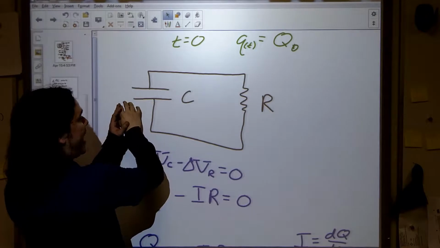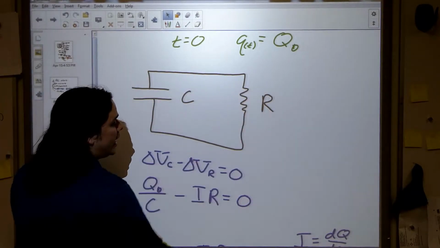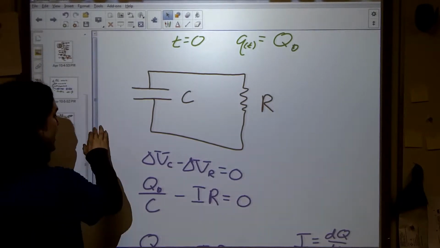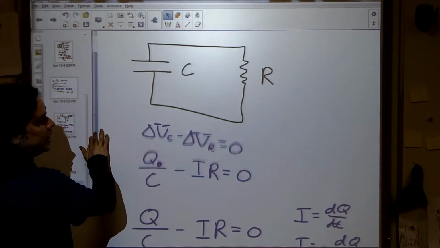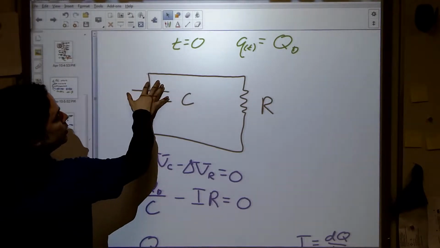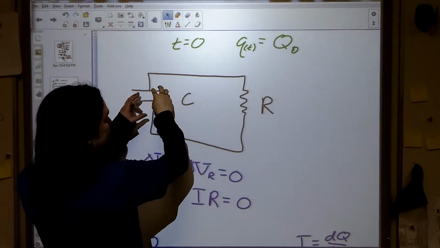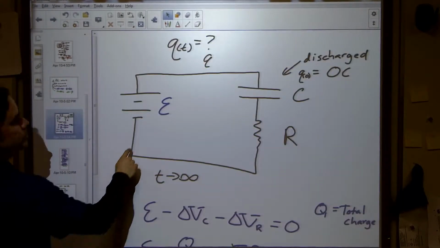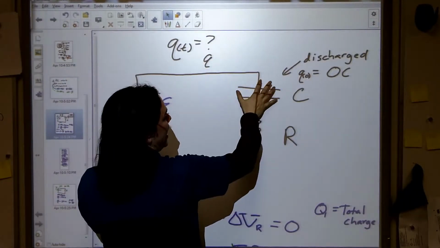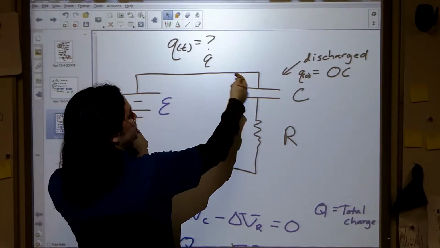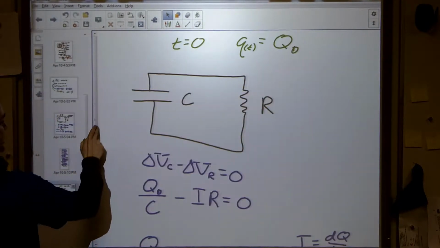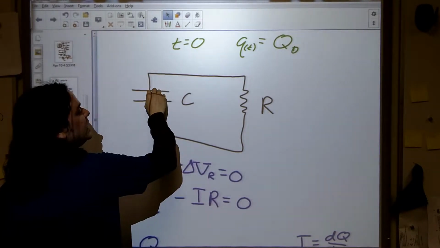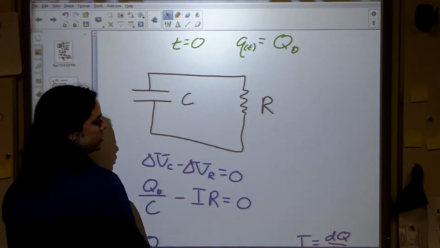Last time we had it where the battery was charging the capacitor, and we solved with that. We had an extra term in there. In this case, why we have a negative compared to what we did last time is because last time, as the charge built up on the capacitor, in fact, let me bring up the picture. Oops, that's not the picture. As the charge built up on the capacitor, it would actually slow down and stop the current. This time we have a negative of that because as the charge leaves the capacitor, it starts dropping down.